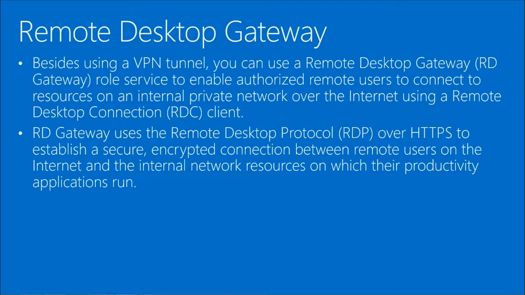Remote Desktop Gateway uses RDP over HTTPS, so HTTP with SSL, to establish a secure encrypted connection between my client and the Remote Desktop Gateway. So as you can see, there's a lot of functionality and a lot of really cool stuff going on in the Remote Desktop Services environment.